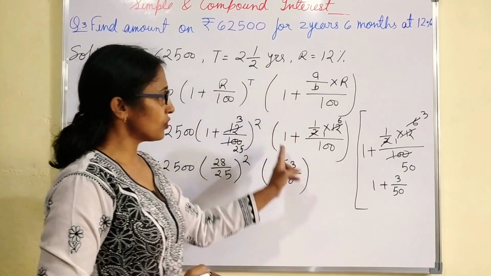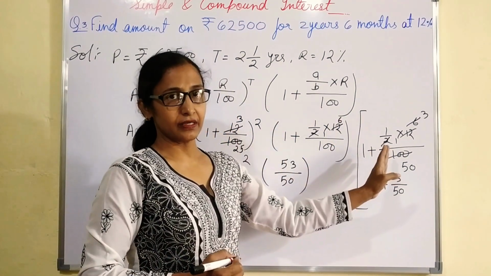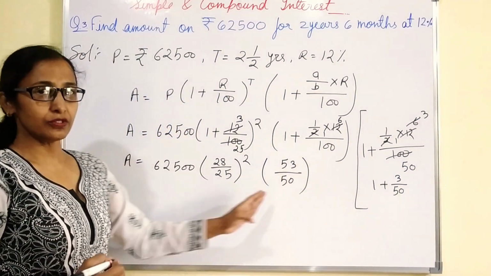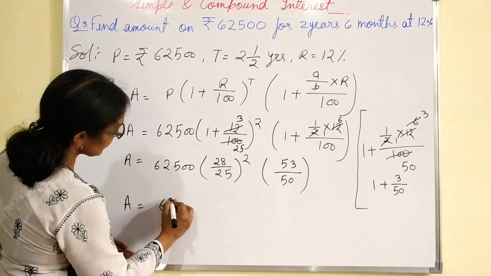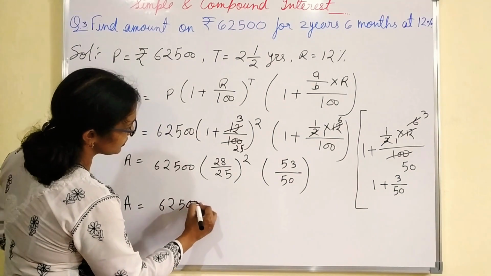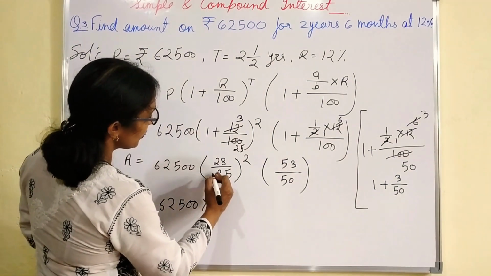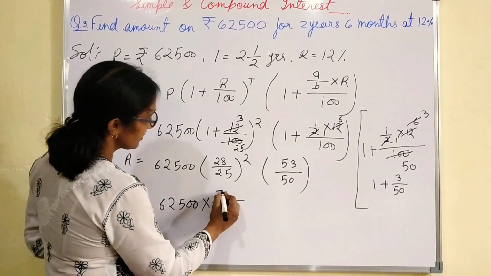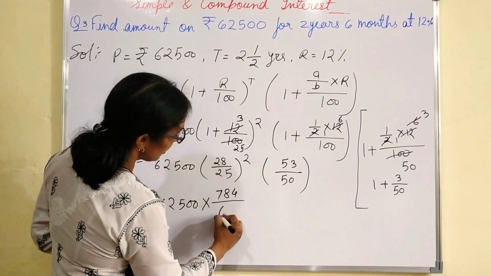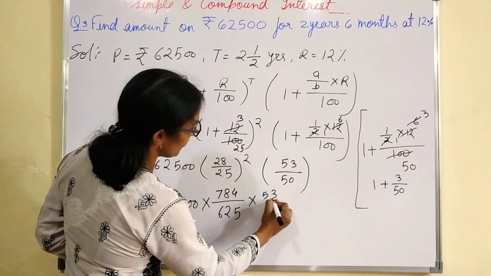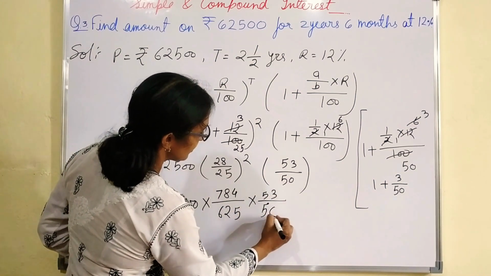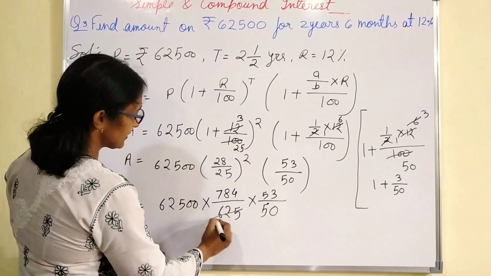Always solve this bracket separately and directly write values here. It will become easy for you. So 62,500 into square of 28, 784 upon 625, into 53 upon 50.